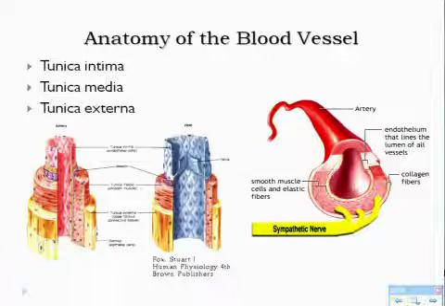Now, going back a little bit in physiology, back to normal anatomy, talking about the anatomy of the blood vessels is kind of important. You can basically layer out almost all the blood vessels in your body into three layers called the tunica intima, media, and externa. The intima is also known by most of us as the endothelial layer. It's usually a one-cell layer thick.